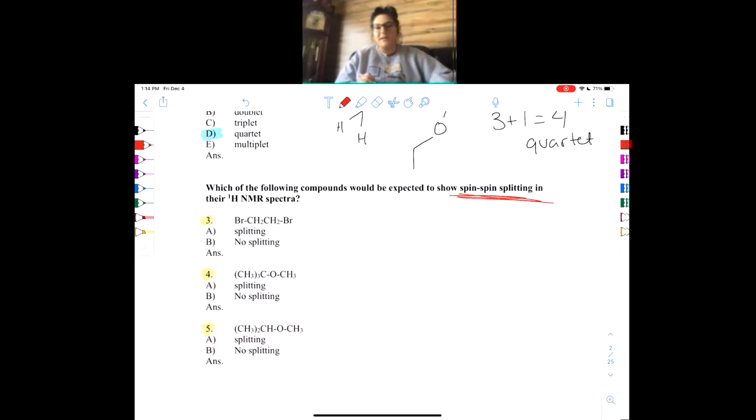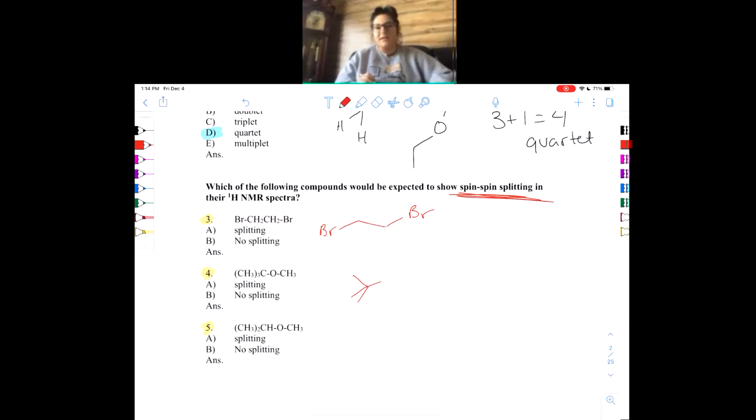Okay, so for the next couple, we are looking for spin-spin splitting. And so spin-spin splitting means what again? Tell me while I draw these out. So yes, it's something about the signals, but it means having, yes, anything that is not a singlet, exactly. So anything higher than a singlet. Perfect.